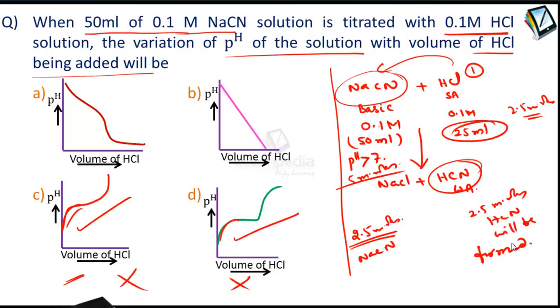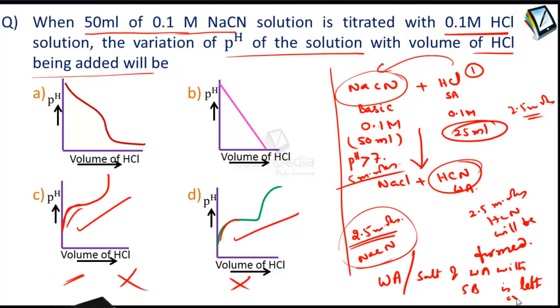So after the addition of 25 ml of 0.1 molar HCl, we find that 2.5 millimoles of the salt of a strong base and weak acid and 2.5 millimoles of weak acid are left over.